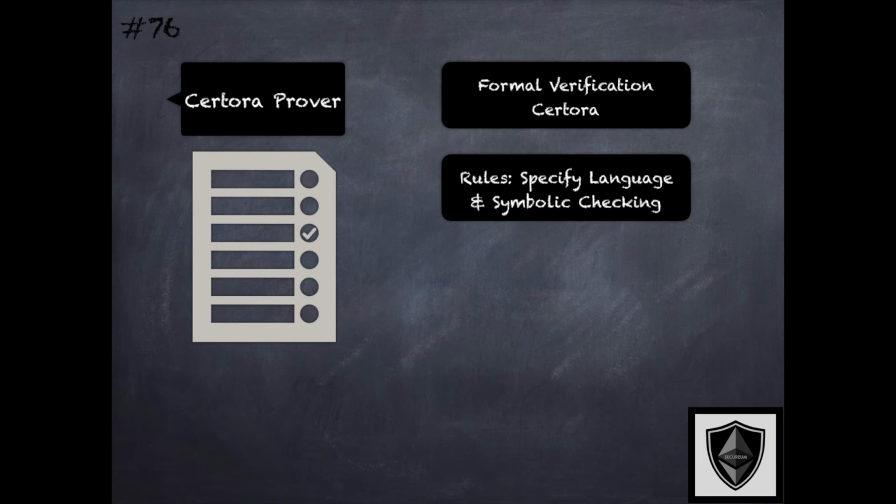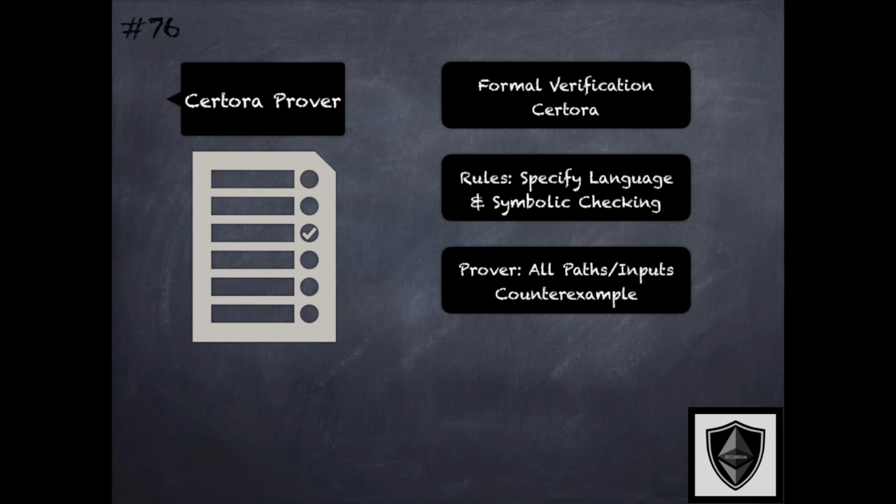For example, a rule might want to check that a bounded number of tokens can be minted in an ERC20 contract. The prover either guarantees that such a rule holds on all paths and all inputs, or produces a test input known as a counterexample that demonstrates a violation of this rule.